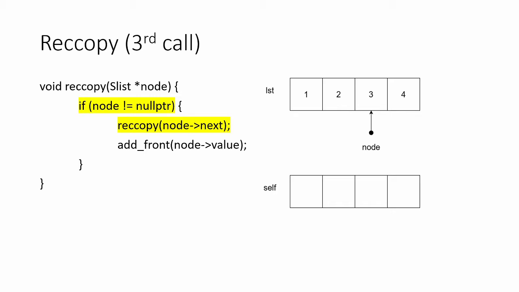Now we're in our third recursion copy method call, and we keep checking. If node is not equal to the null pointer, we're going to call recursion copy again. And if it's still not null, we keep calling it until finally, in our fifth recursion copy call, our node is equal to null. So we don't execute this if statement on the fifth recursion call.